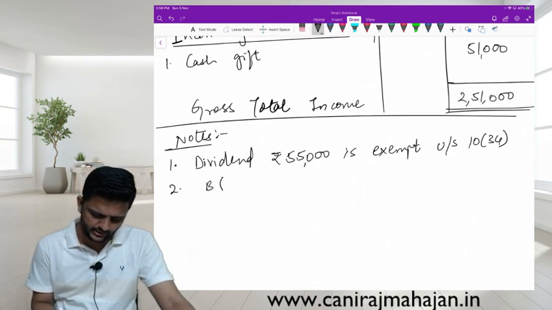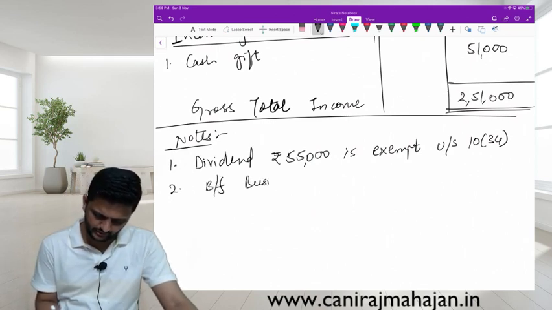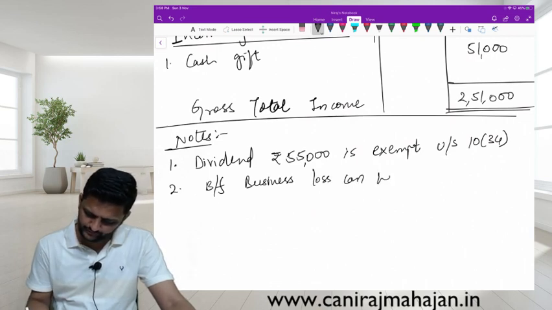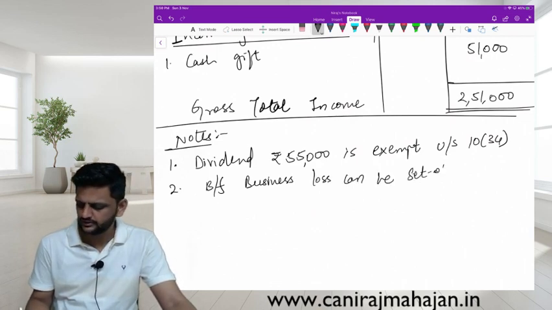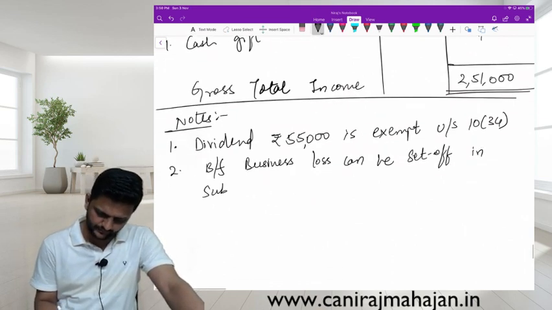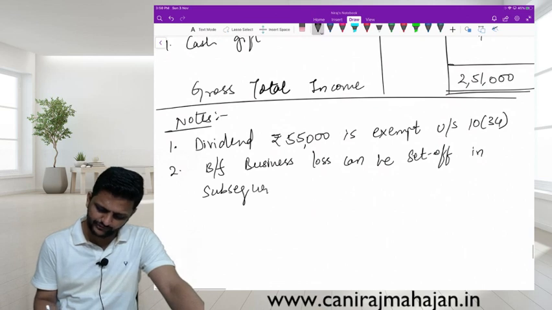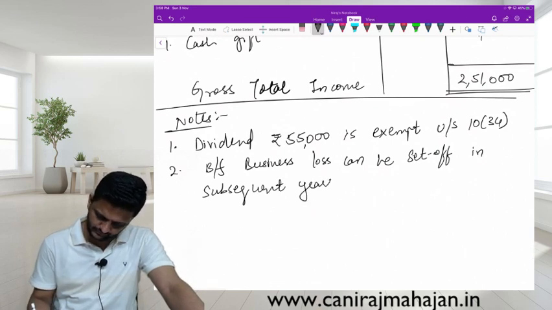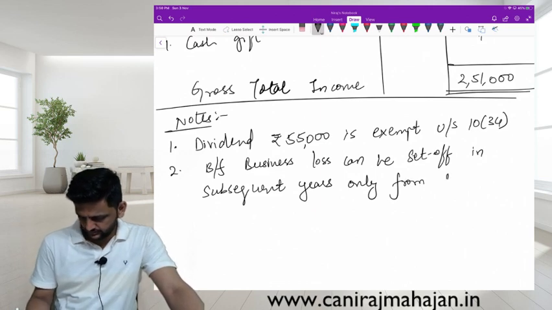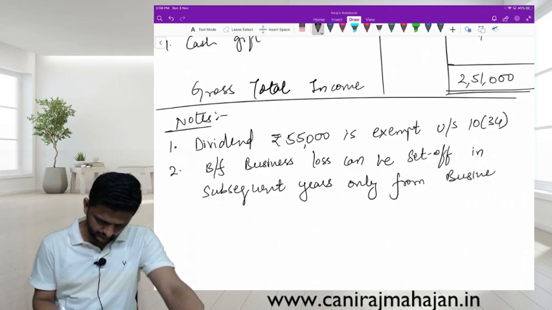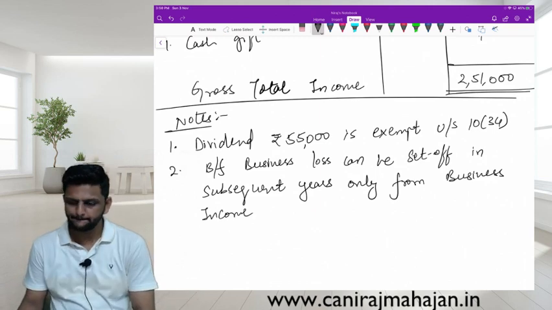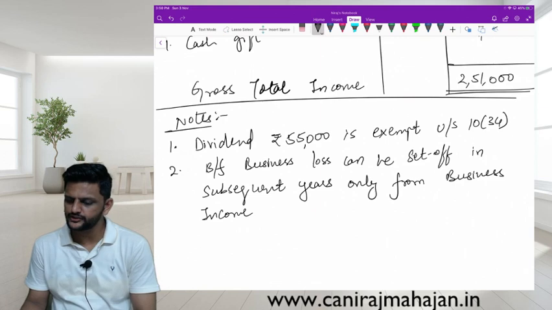Brought forward business loss can be set off in subsequent years only from business income, correct? Only from business income. So which loss could we not set off?